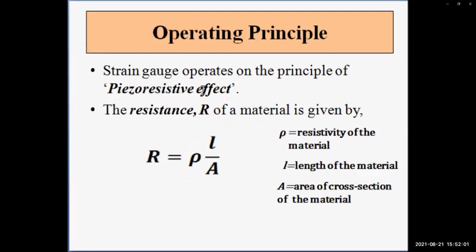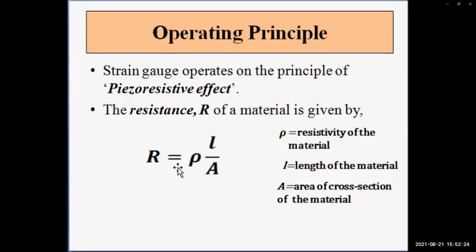We know that the resistance of any material is given by the formula R is equal to rho into L by A. R is the resistance, rho is the resistivity of the material, L is the length of the material, and A is the cross-sectional area of the material.